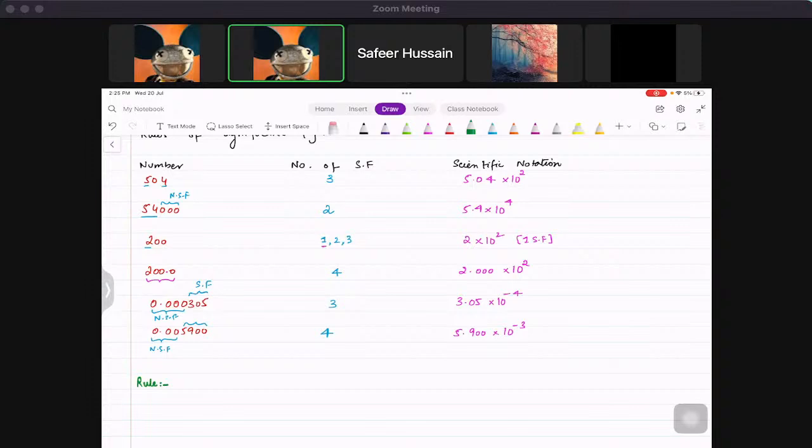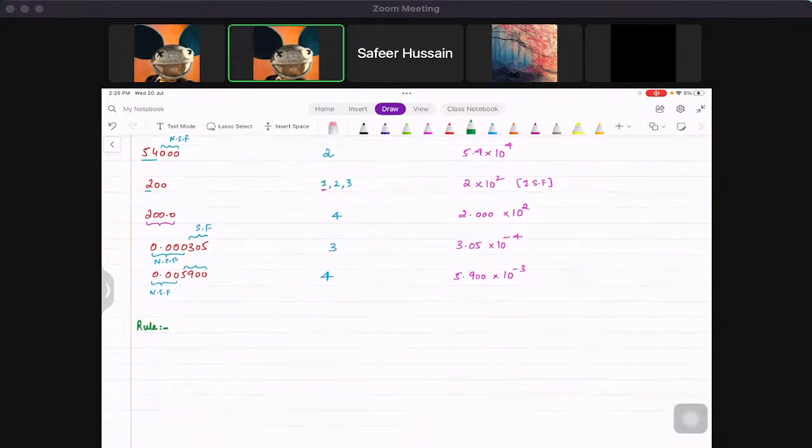So it's very important. First of all, we are going to write for significant figures. So you will always write the answer in the least number of significant figures in the data, or one more than that.